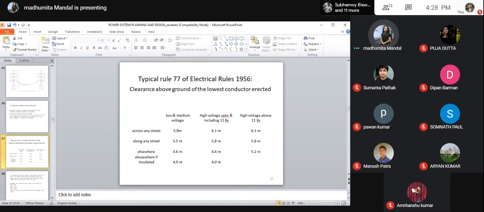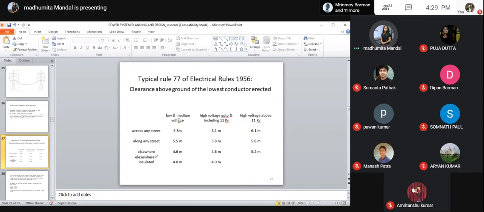Rule 77 is about the clearance from the ground. And there is also Rule 80, for horizontal clearance between conductor and the structure. Rule 77 is about the clearance above the ground of the lowest conductor.